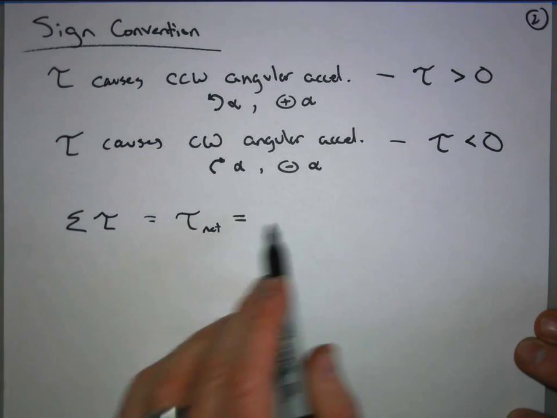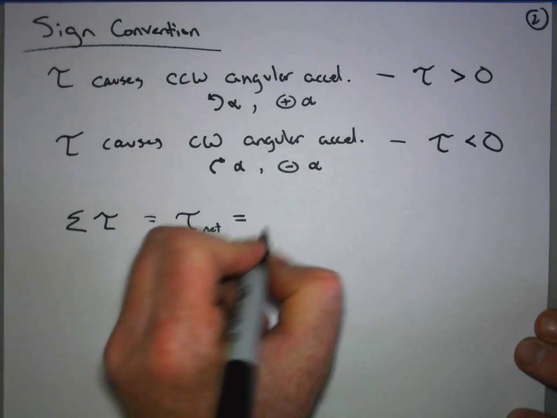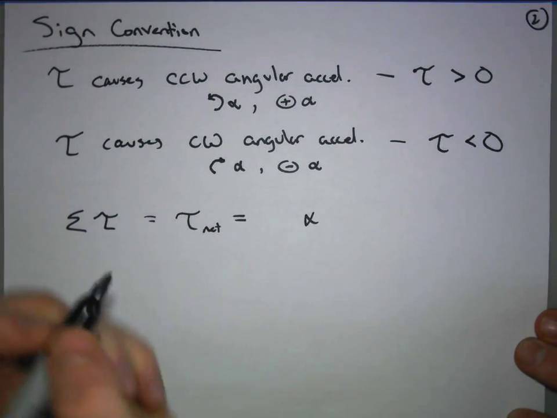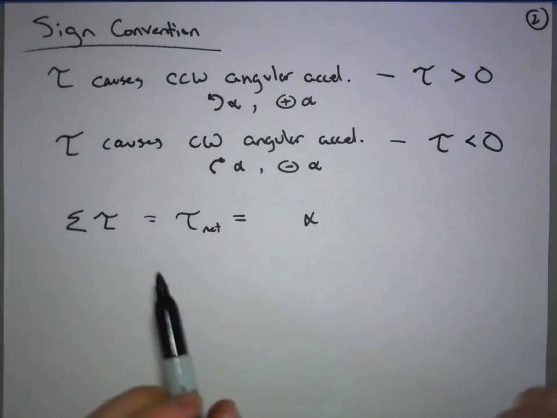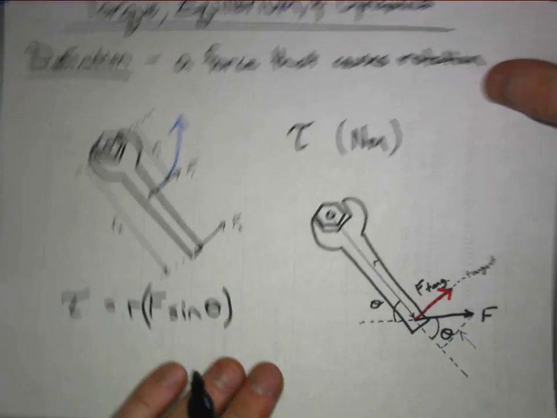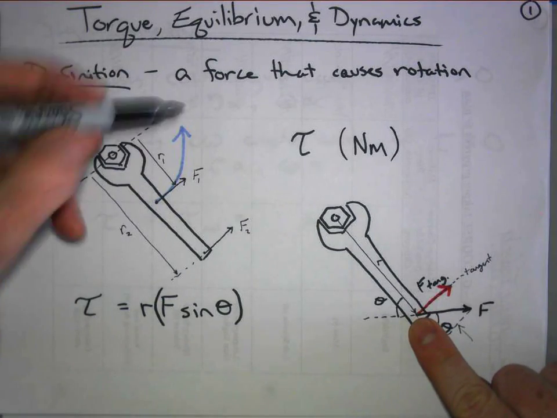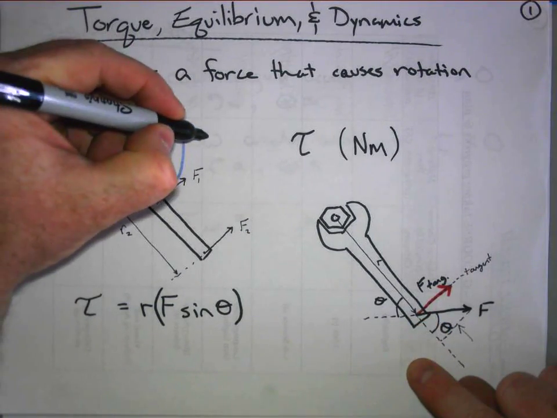So there's an alpha involved here. Now, if you recall, there's an interesting thing about this. This is producing an alpha, angular acceleration.